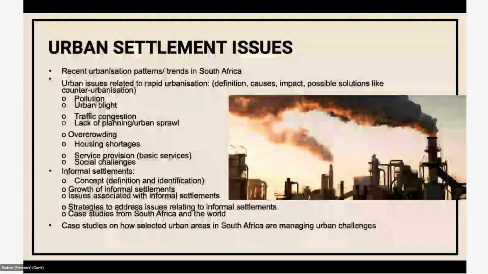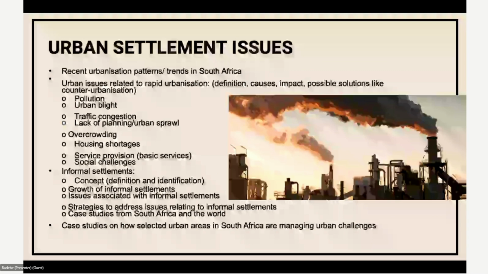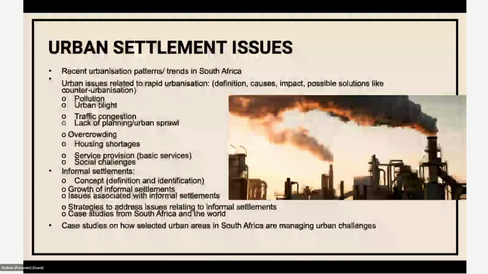And then the other one, the rapid urbanization. The definition of rapid urbanization, the causes, the impact, and solutions like counter-urbanization. Because what we need to do here is to encourage people to move away from urban areas to rural areas. But people won't just move from urban to rural in terms of counter-urbanization, we need to prepare rural areas to have functions or services the same or similar to those that are in urban areas.